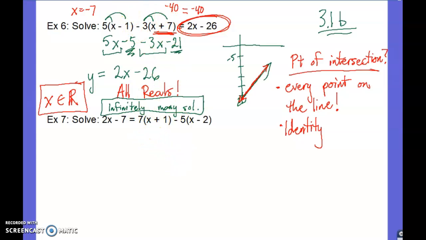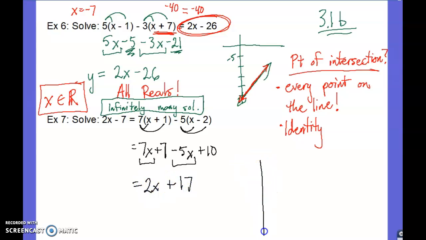So maybe I'll just go back to black, a boring color, and distribute, just like we did before. So on the right side you have 7x plus 7 minus 5x. Let's see, that becomes plus 10, because remember it's -5 times -2. So as we combine like terms like we did earlier, we get 2x plus 17.